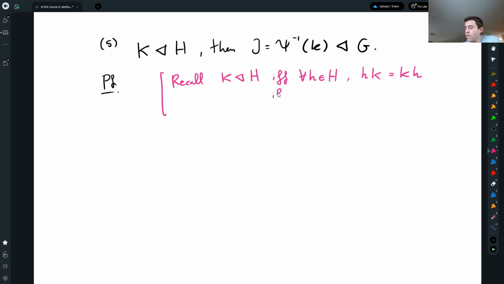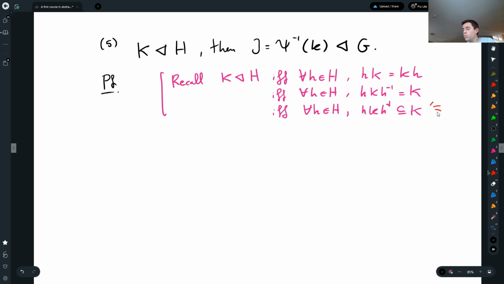But we proved that this is the same as, for all h in H, hKh inverse is the same as K, and we actually proved that this even holds only if hKh inverse is contained in K. And now this is the property that is going to be the most useful and that we're going to use when we prove normality.